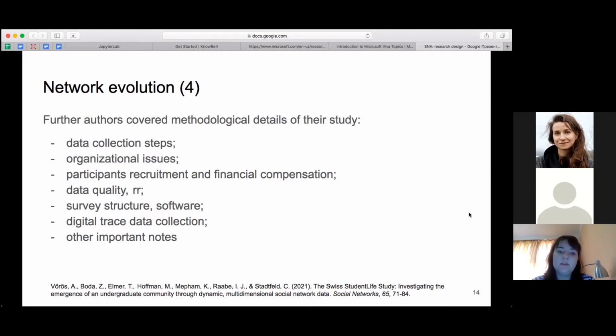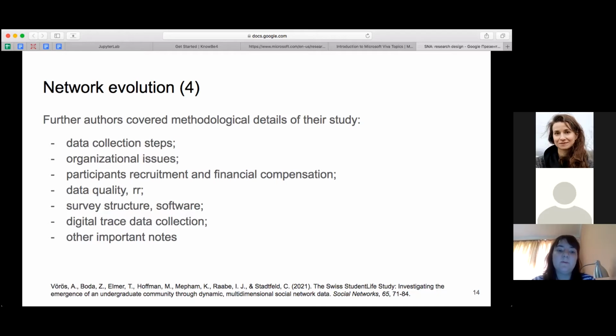The authors covered in detail the steps of the data collection and organizational issues. They said how much money they paid students as financial compensation for filling in their questionnaires. They discussed data quality because, as we might expect, the response rate decreased over time.